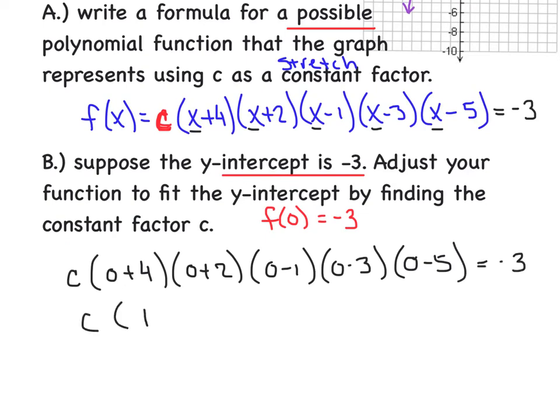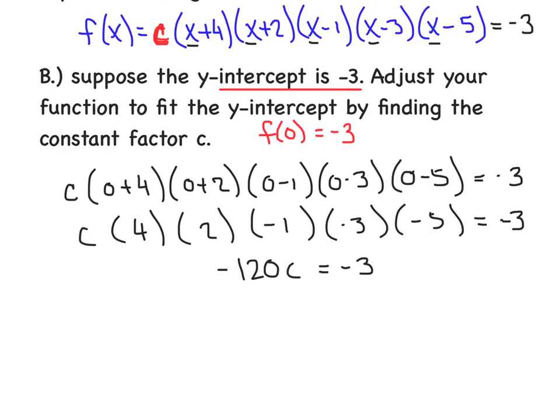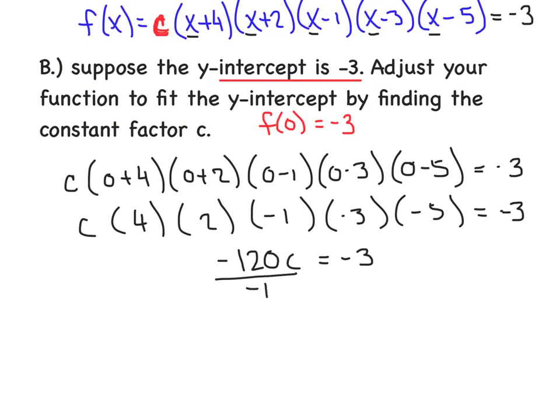So we've got c times 4 times 2 times -1 times -3 times -5, and by the time I multiplied the 4, 2, -1, -3, and -5, I got -120 times c equals -3. And I'm going to divide both sides by -120.